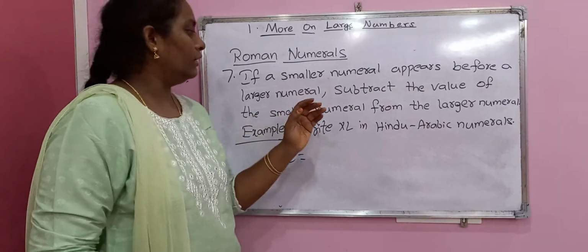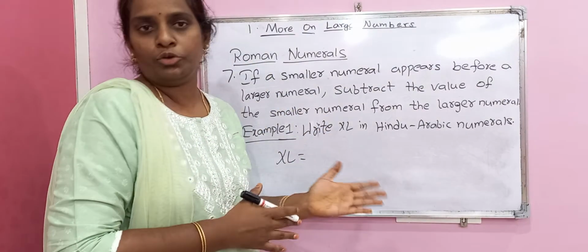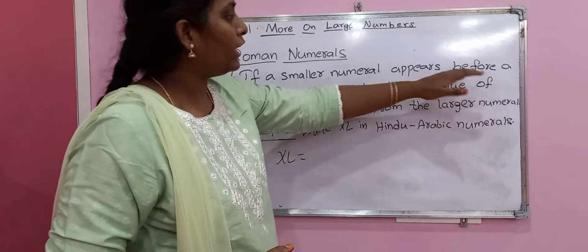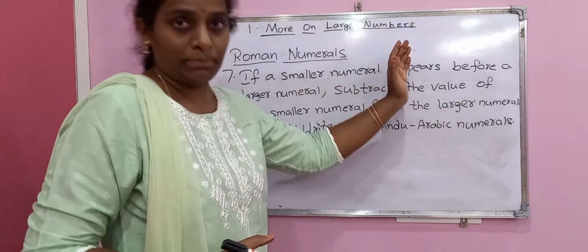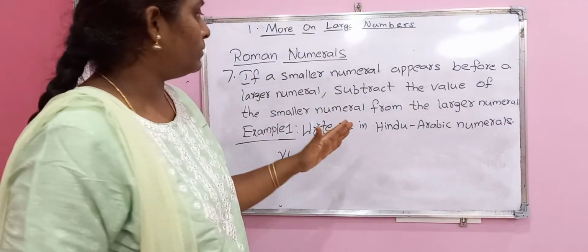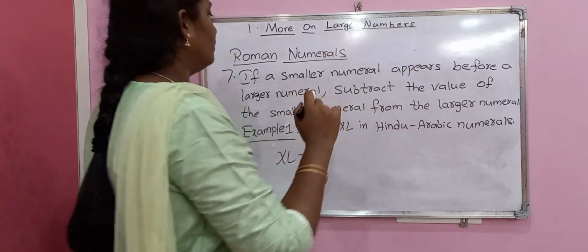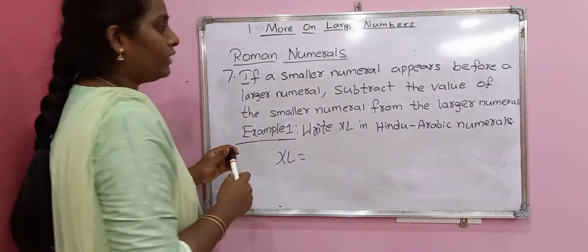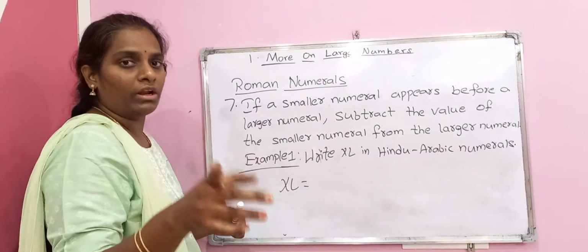Here they mentioned before. If the smaller numeral appears before a larger numeral, subtract the value. Then we do the subtraction from the larger numeral to the smaller numeral.